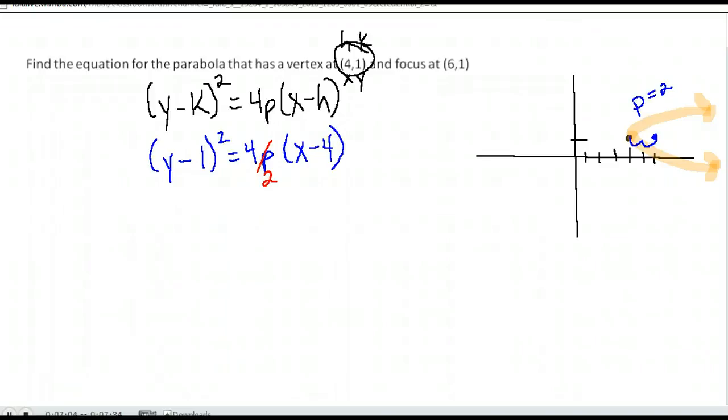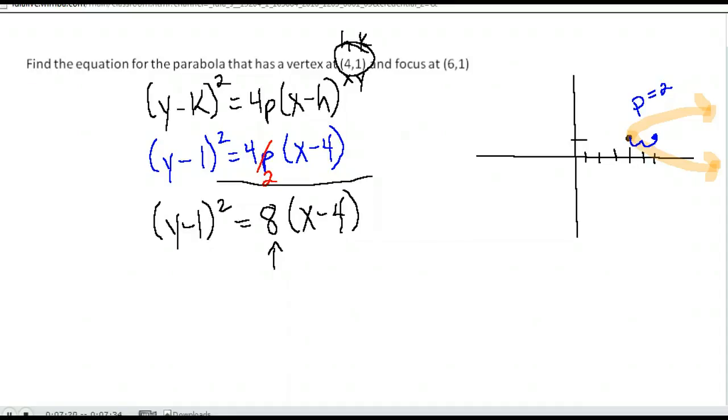So I now have y minus 1 squared equals 2 times 4 would be 8 times x minus 4. I want to double check to see whether that p should be positive or negative. It's opening to the right, so that verifies that, yes, it should be positive, because positives open to the right when you're dealing with a y squared. So there is standard form for that equation.